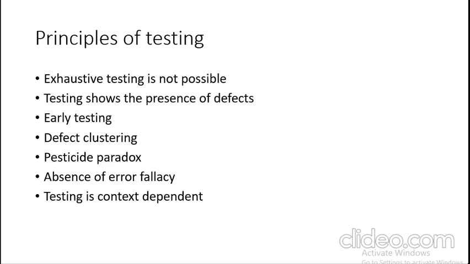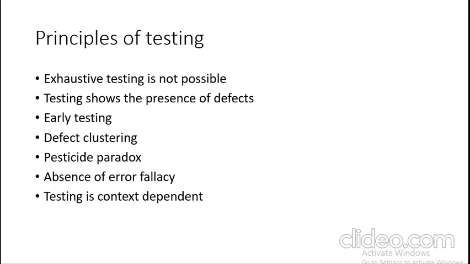So I mean, if a product is 99% bug free but it does not follow the user requirements, then it is unusable. How? If we consider an ATM system, if withdrawing money is not working, then what is the meaning of installing or developing an ATM system?